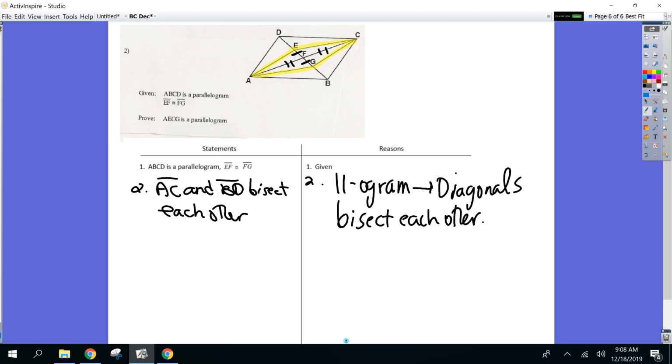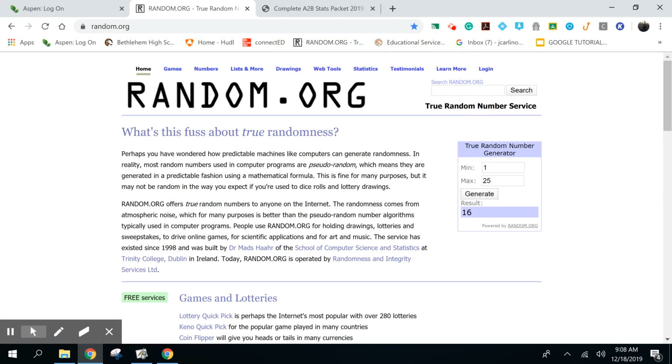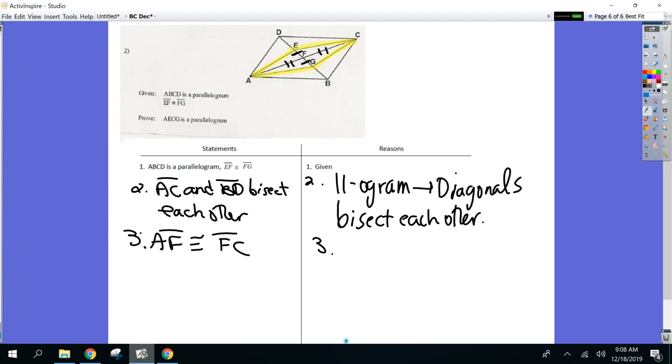Now you can tell me those 2 pieces are equal by a reason we've used all year long. Now you can say AF is congruent to FC. What's that reason going to be, that we've used all year long? Definition of a bisector.